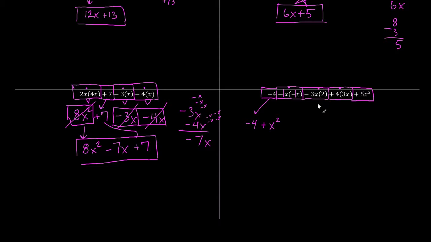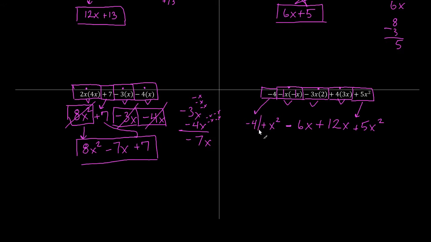A negative times a positive is a negative. X times no x is, negative 6. And then x times no x is x. Positive times a positive is a positive. 4 times 3 is 12. X. And then this one just stays. Plus 5x squared.